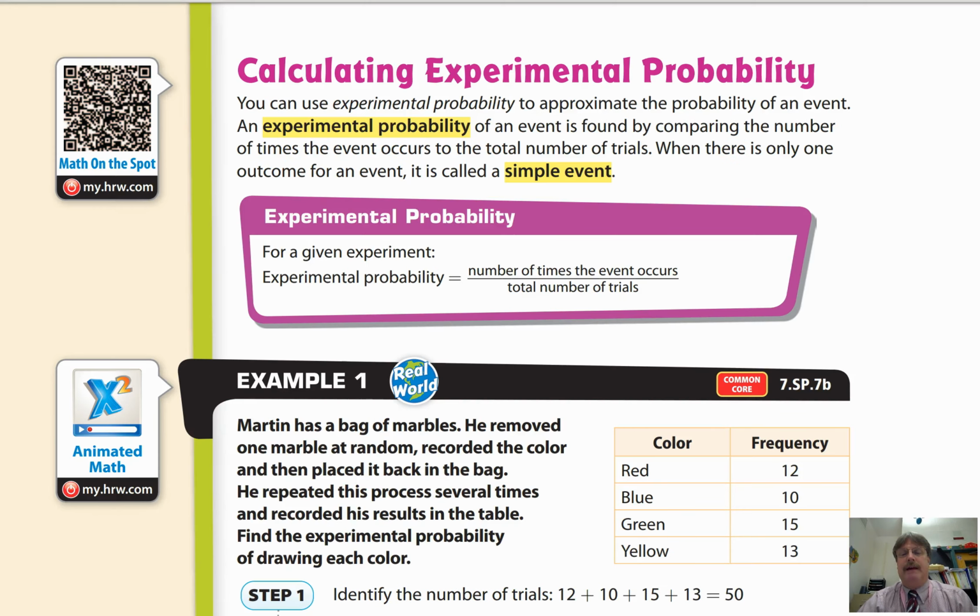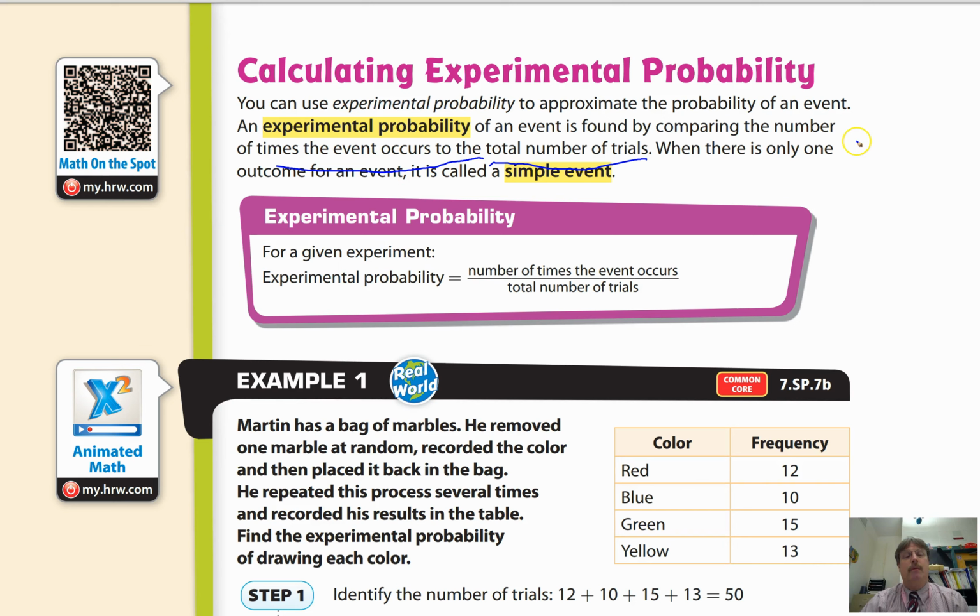So a couple of things we have to learn as far as how to calculate the experimental probability is some of the definitions. You can use experimental probability to approximate the probability of an event. If you go back to 12.1, we're talking about the likelihood of that event occurring. An experimental probability is found by comparing the number of times the event occurs versus the total number of trials.